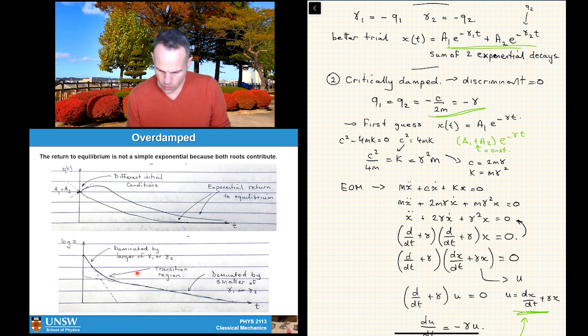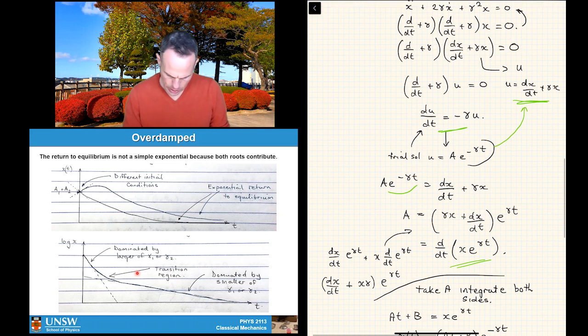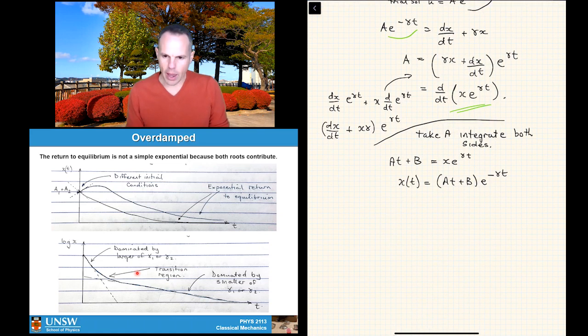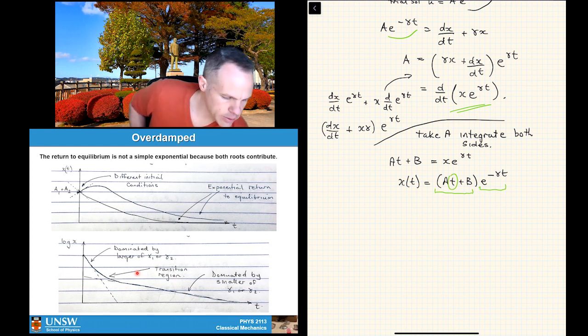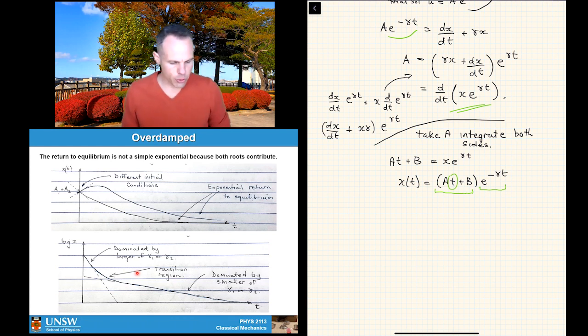Up here we had essentially A1 e^(-γt), and then we decided that this would actually be, from this term up here, the sum of two constants. And we sort of have that, right? We have e^(-γt) down here, so we have this exponential bit on the end. We have a sum at the front, but now one of the two constants is actually carrying a t in here, okay? And this is pretty much the crucial part of a critically damped oscillator.